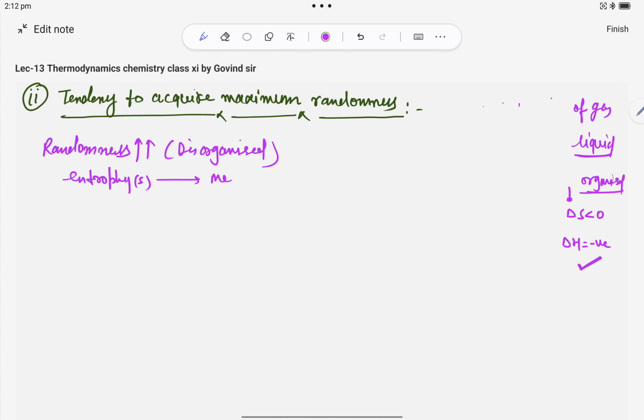It is a measure of randomness. Entropy is what? Measure of randomness. Okay. So we will talk about delta S because we cannot measure S only. Change in entropy will be measured as S final minus S initial, and that value should be positive. Then the system will be spontaneous.